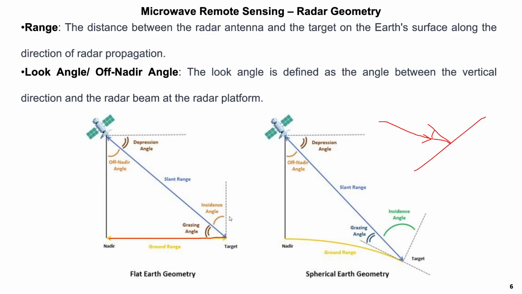Depression angle plus grazing angle is equal to 90 degrees. Yeah, it should be equal to 90 degrees. It's always right. Yes. Okay.